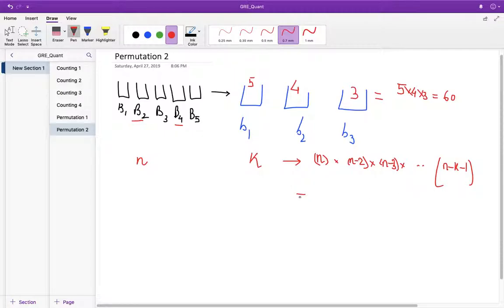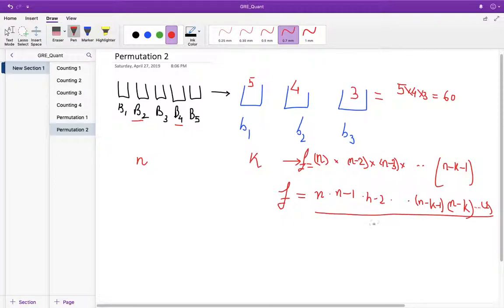Now, to remember this, you can imagine that this fraction can also be written as n into n minus 1 into n minus 2 up till n minus k plus 1, and you can add another factor n minus k up till 1 in both the numerator and the denominator to keep the value of the fraction just the same.